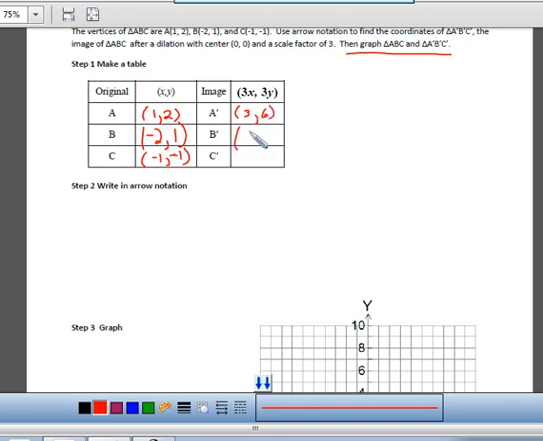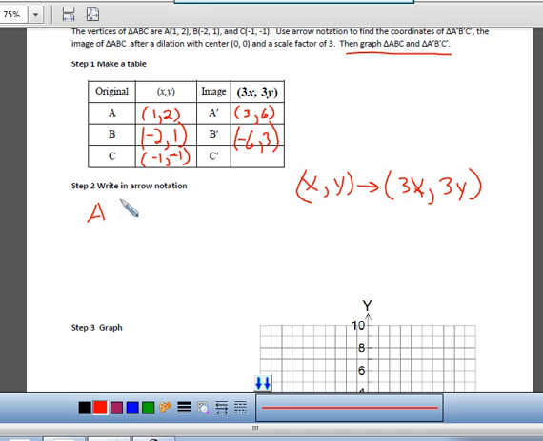And for this one, you get negative 6, 3. And then for the last one, you get to do that on your own, right, in arrow notation. So this is going to be x comma y. This is the rule, arrow, 3x, comma, 3y.